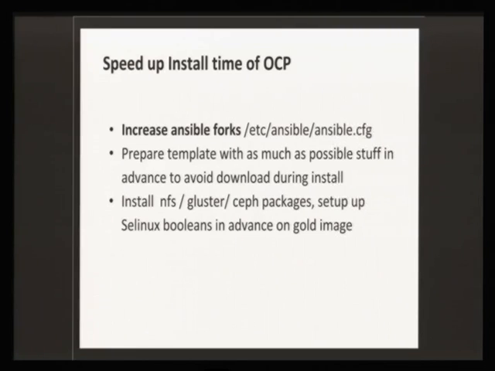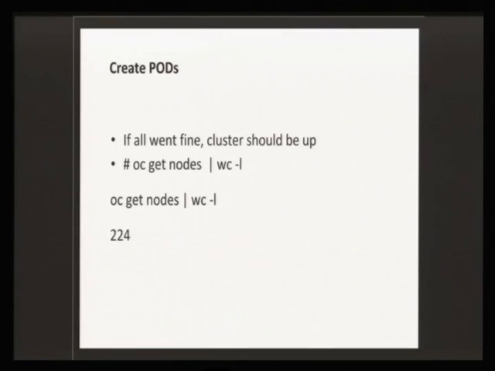Then I figured out in the Ansible which booleans need to be on, or which booleans will be on after the OpenShift installation. And I did that in advance on the golden image. And after I did all that, once I repeated the installation with that reworked RHEV image, installation of 224 nodes lasted around two hours.